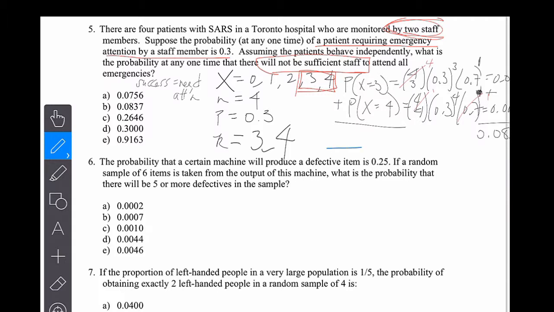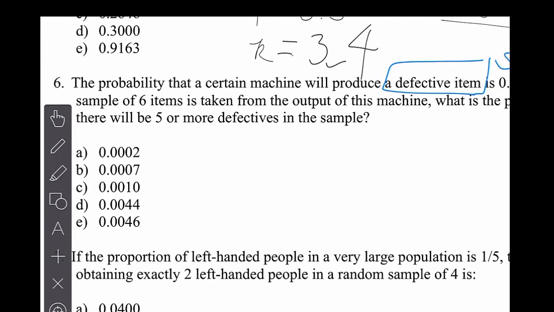This is success. Okay, that's what it would be, our success. All right, so let's see. Can we list it as a binomial problem? Can we identify x and p and k? X, N, P, K.